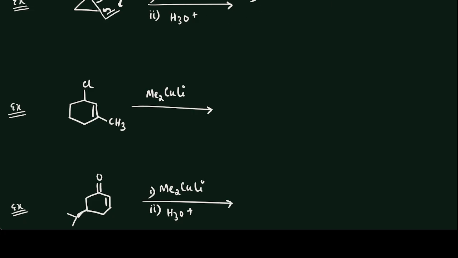Just name the carbons, let's say this is 1, 2, this is 3, this is 4, and this is 5. So this CH3 comes here, which means this is 1, and here we have the CH3 group, and 2,3 is going to get a double bond.